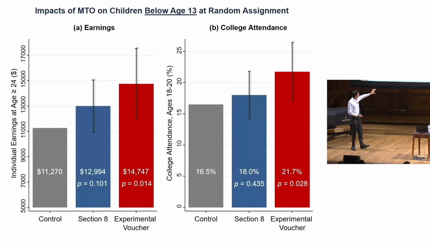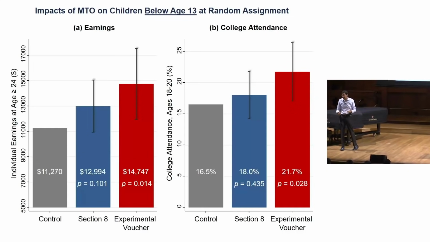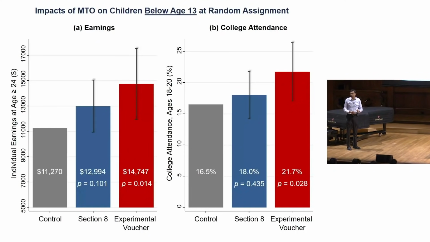Now, the way the bars are constructed is that the gray bar on the left is for the control group. These are the folks who stayed in the public housing projects. That first bar just plots the average earnings for people in the control group. So it's just a simple mean, okay? And so the mean earnings for the control group here is $11,270, okay? So this is obviously a very low number.